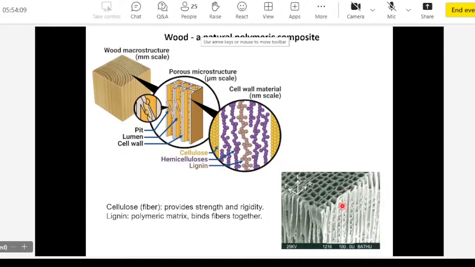People take wood and partially burn it, pyrolyze it, to make a highly porous carbon structure. Then they infiltrate the porous carbon structure with molten silicon. Silicon reacts with carbon and forms silicon carbide. That's a very eco-friendly process to make a ceramic from a natural resource like wood.